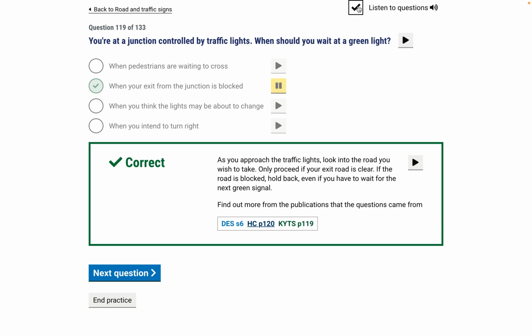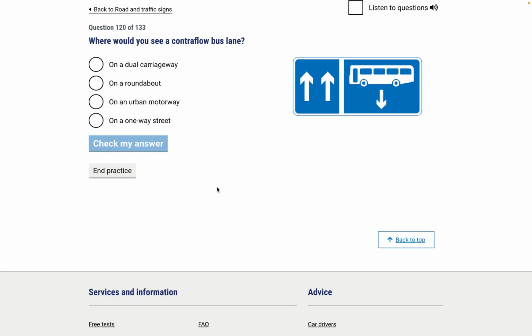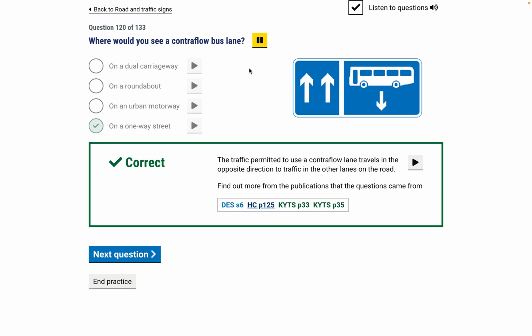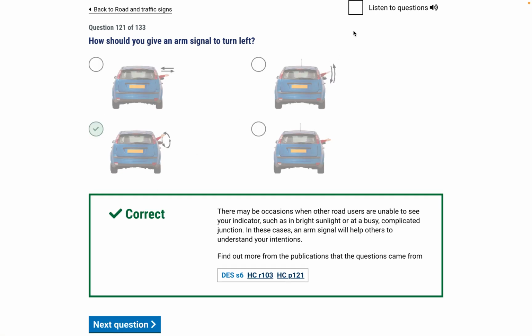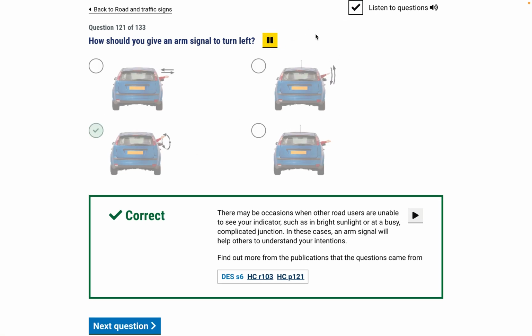When your exit from the junction is blocked. Where would you see a contraflow bus lane? On a one-way street. How should you give an arm signal to turn left?